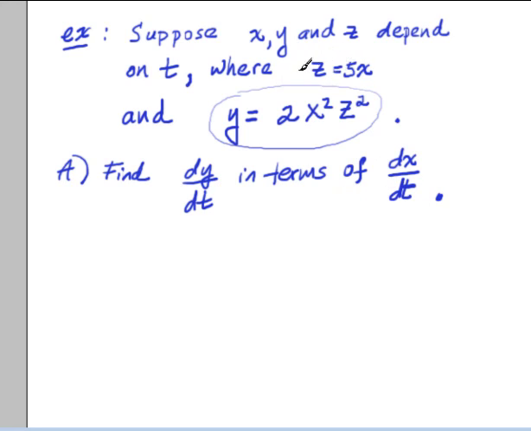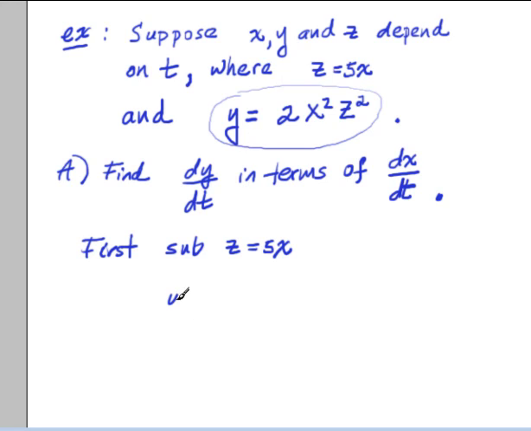Well, that's why we have this relationship here. z is equal to 5x, so we're going to substitute 5x instead of z, and in that way we'll get rid of z, and then we'll take the derivative with respect to t. So first sub z equal to 5x.